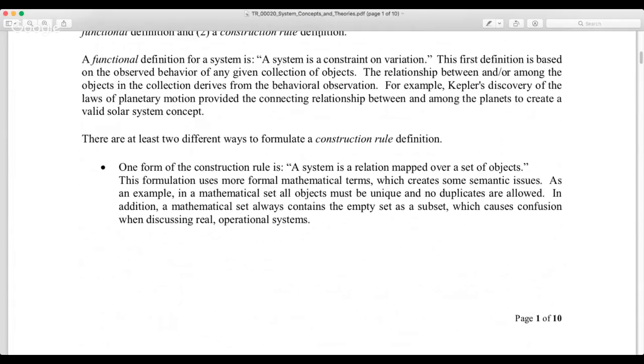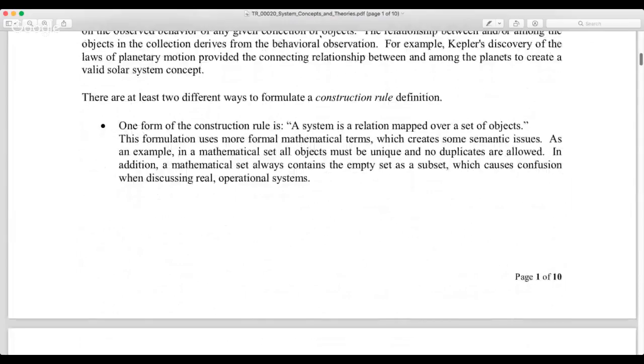By doing this, ambiguities and misunderstandings could be injected into the definition because of the use of these terms. A mathematical set doesn't allow any duplicates, and every mathematical set has an empty set as a subset. These things can become confusing.